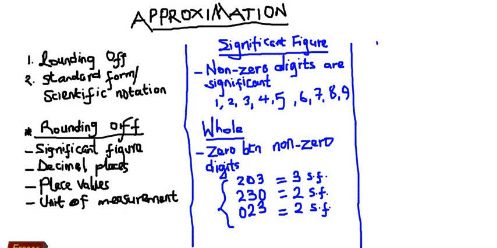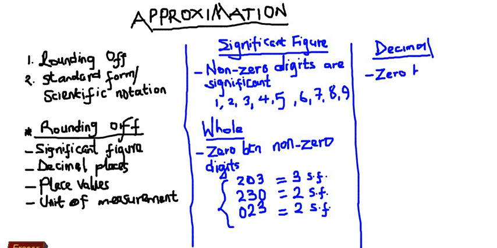Then in decimal numbers, if the number has a decimal point, that means it's a decimal number. So for decimal numbers, of course, a 0 that is between non-zero digits will also be significant, just like we saw in whole numbers.